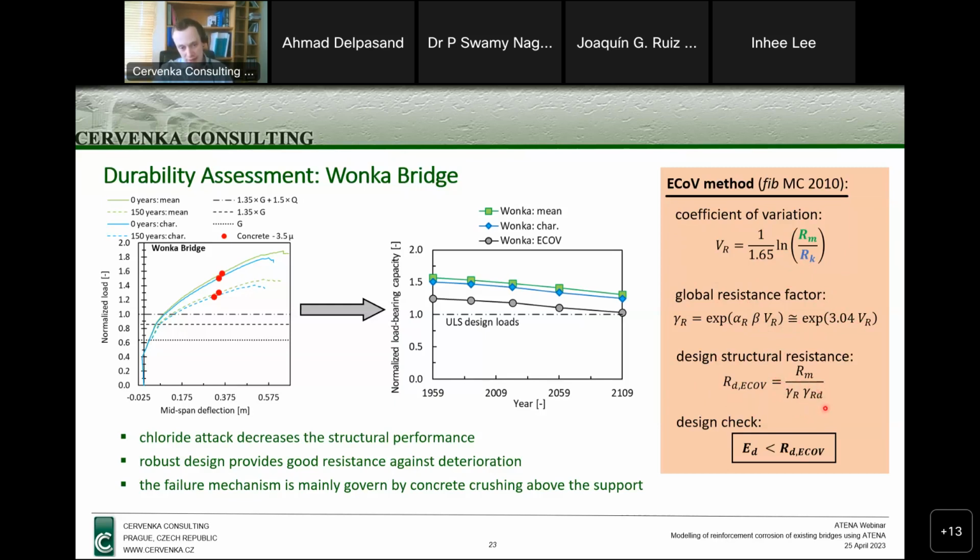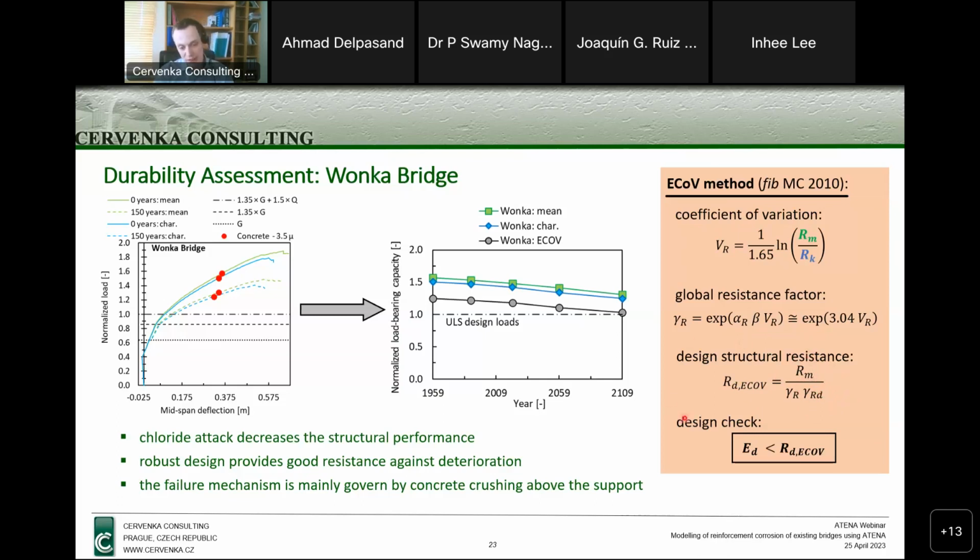Furthermore, there is one more safety factor, which describes the model uncertainty, which depends on your software, and for example, can also depend on the failure mode. In case of ATENA, for all failure modes, it's 1.16.